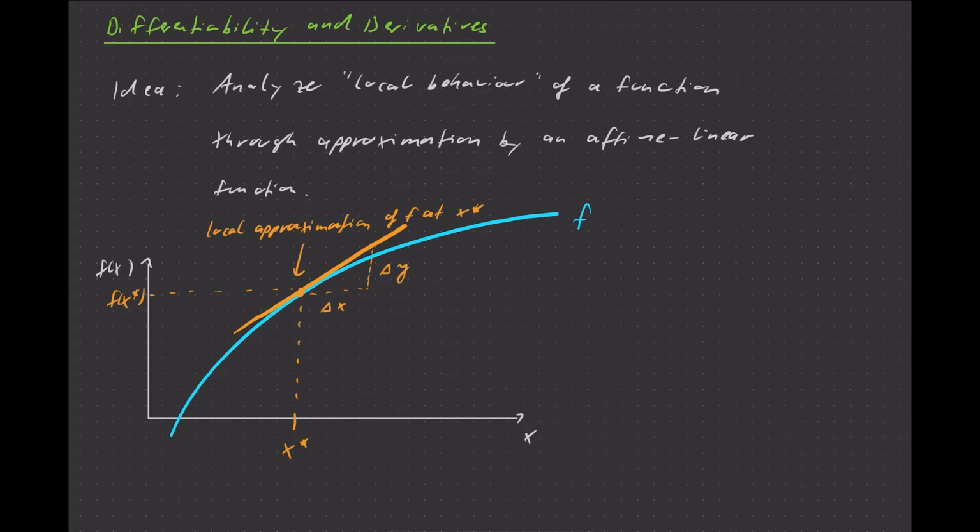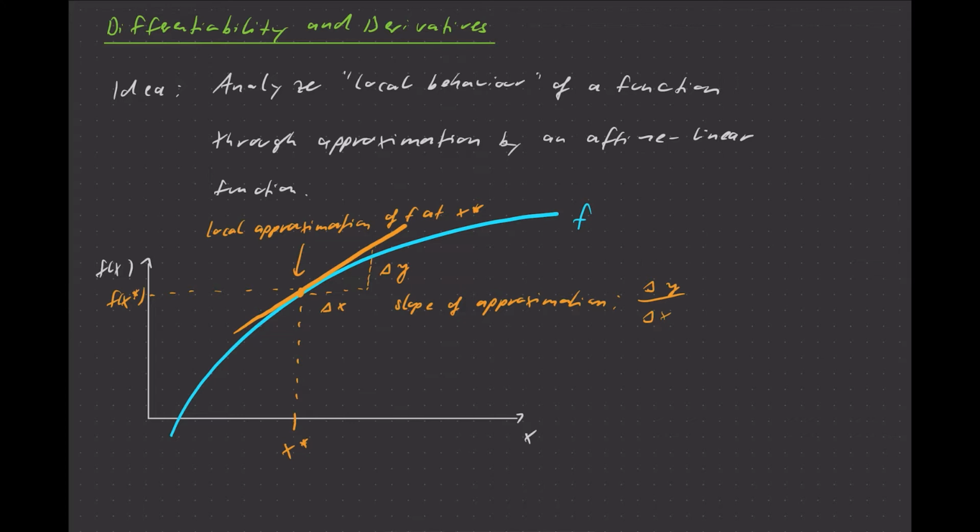So the slope of the approximation would be delta y divided by delta x. So we choose delta x arbitrarily, we compute the corresponding delta y, and that's the slope that we get. And of course, for each choice of delta x, the slope would be the same. Now the question is, how do we compute that slope from the function itself?